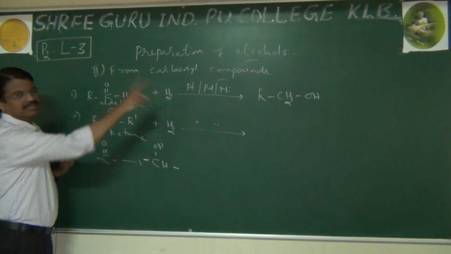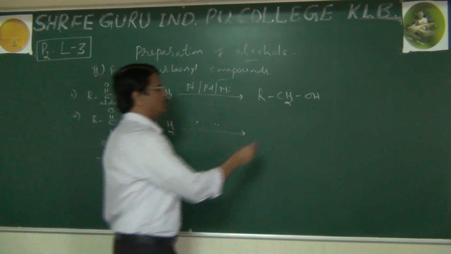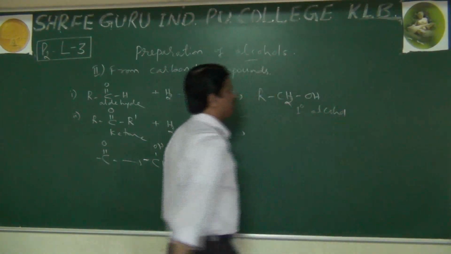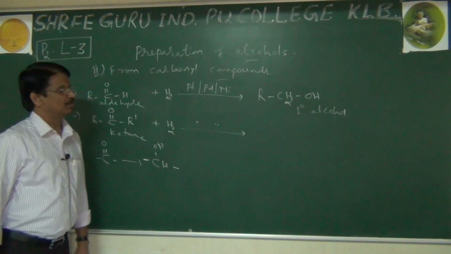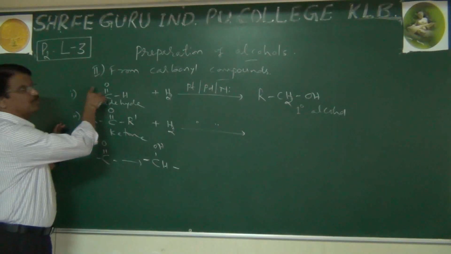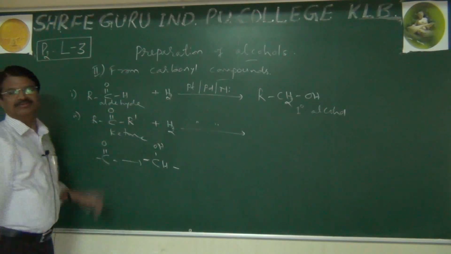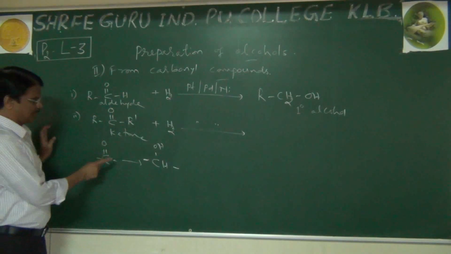Now it is a primary alcohol. Means reduction of an aldehyde gives a primary alcohol.